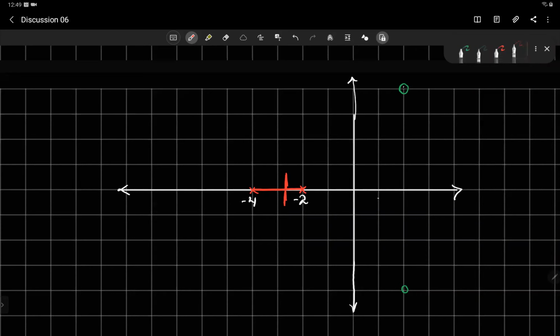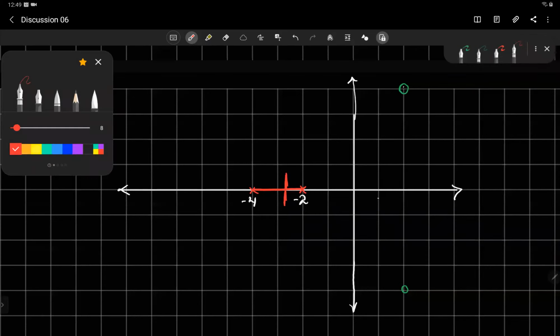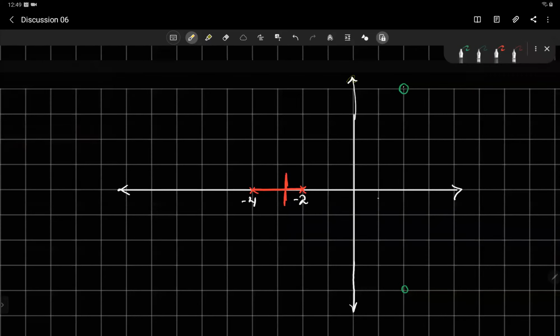These are the crossing points. Let's put in red something here, and something here. These are the points at which the root locus crosses the imaginary axis. We know again that the root locus starts at the poles and goes to the zeros.